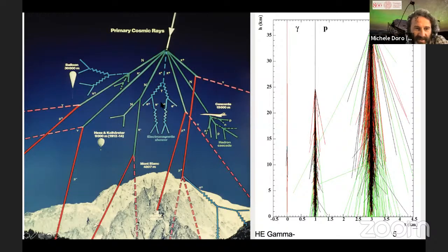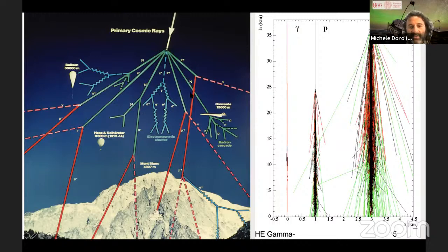This is happening at about 30,000 meters high, 30 kilometers, which is where the Concorde was flying, so also pretty dangerous for the crew. This is the maximum height of the Hess balloon and subsequent years' measurement, 9,000 meters, so pretty high. The balloons that we were discussing were flying up to 30 kilometers. So that's where everything is happening.